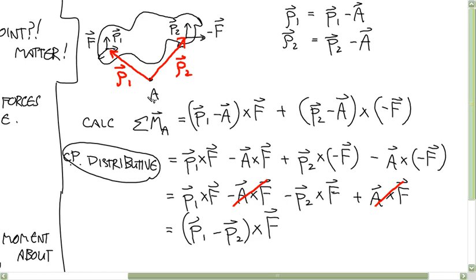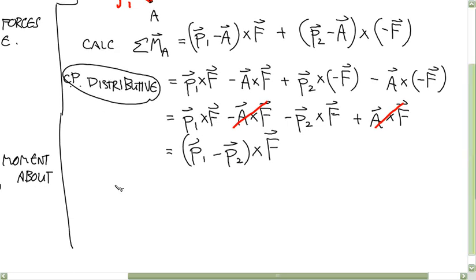And since there's no A in there, that's the value you'd get no matter what about point you chose. Okay. So that's what you'd get for any about point.